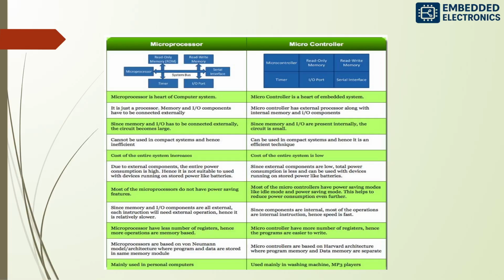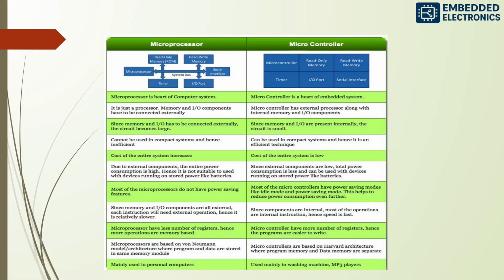But in the case of microcontrollers, most have power saving modes like idle mode and power saving mode. So it will help to reduce the power consumption even further. Here external components are few, so total power consumption is less, and it can be used with devices running on stored power like batteries.